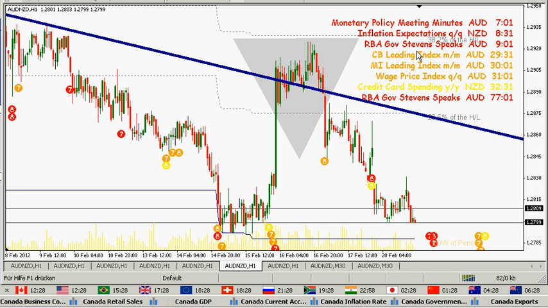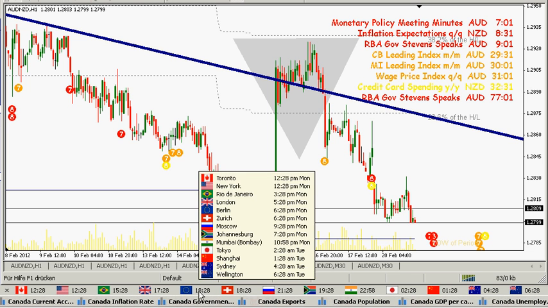And Stevens will also speak 1 hour later, so in the next 7, 8, 9 hours of the day, so around about 21, 22 o'clock in New York, or here in Europe at 2 or 3 o'clock.